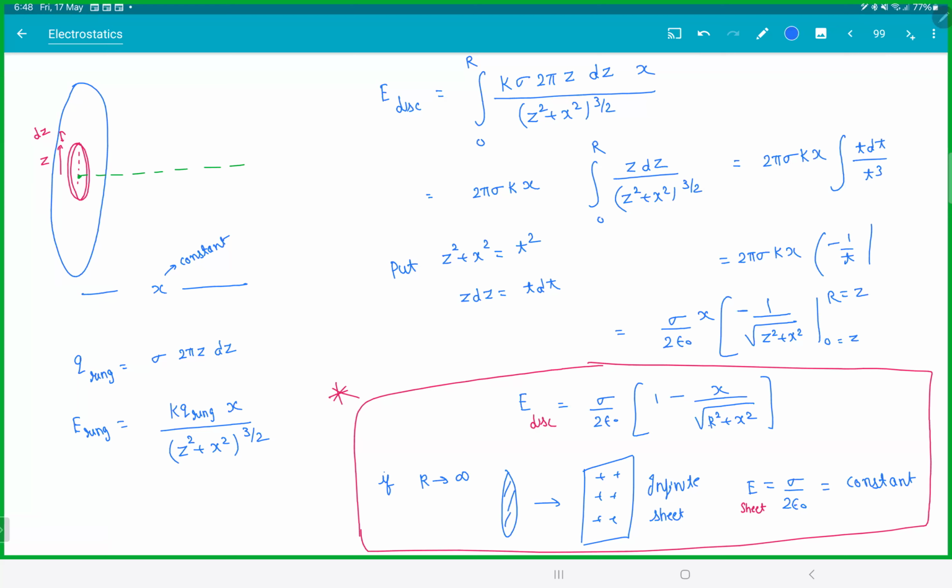Clear? Did everyone get the integration part? Next one.